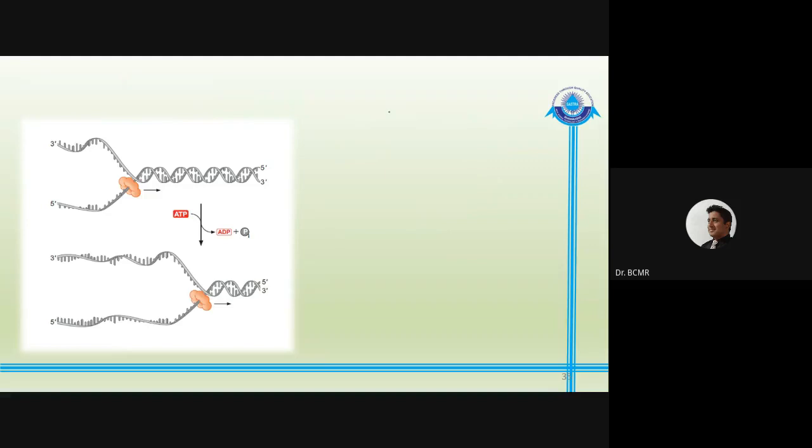So how does DNA that is present unwind or denature? For that, there is an enzyme called helicase. The helicase is the enzyme that will break the hydrogen bonds that are present here, and then these two DNA strands are separated.